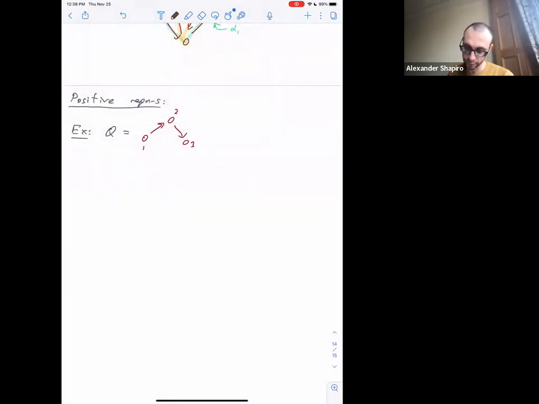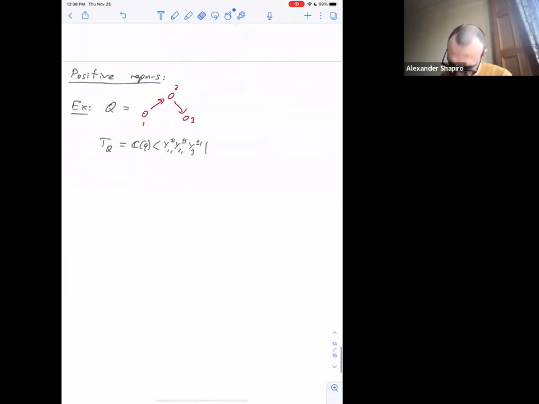Then, what's the corresponding quantum torus? It's T_Q. This is just an algebra of rational functions of the parameter q, with generators Y1, Y2, Y3, and their inverses. And relations: Y2 and Y1 q-square commute, Y3 and Y2 q-square commute, and Y1 and Y3 just commute.